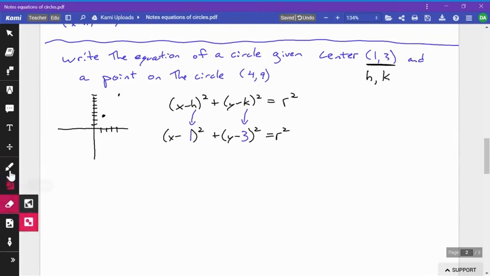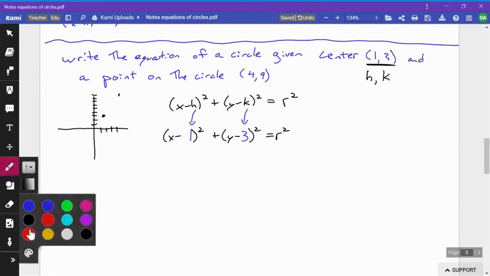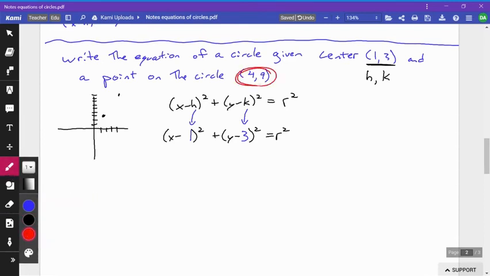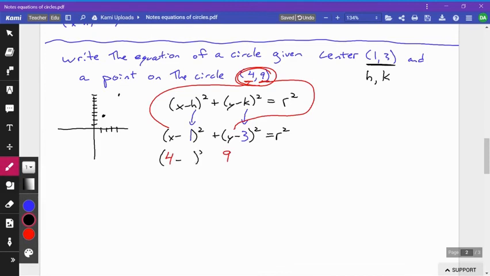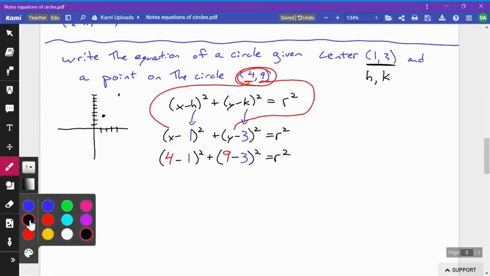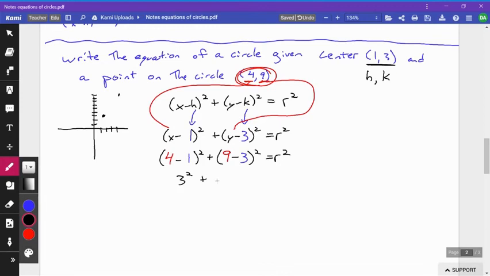So if I'm going to figure out r squared, that is where this point comes in. I'm going to plug 4 in for x and 9 in for y. So that gives me 4 and 9 that I'm plugging in, and I already have 1 and 3 right here. So what this gives me is 3 squared plus 6 squared equals r squared.